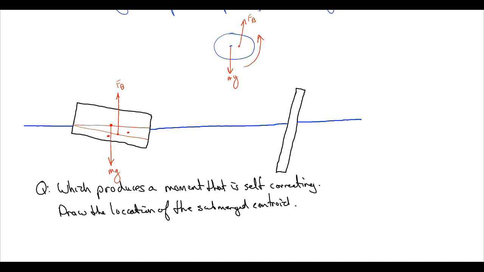Go ahead and draw it. Draw it before I do. It's a race. Goes this way. So even though our boat is perturbed a little bit in this direction, the couple that results from the misalignment of the buoyant force and the mass of the object, mass of the boat, causes it to realign and start floating the way it was before. It is a stable equilibrium, if you will.